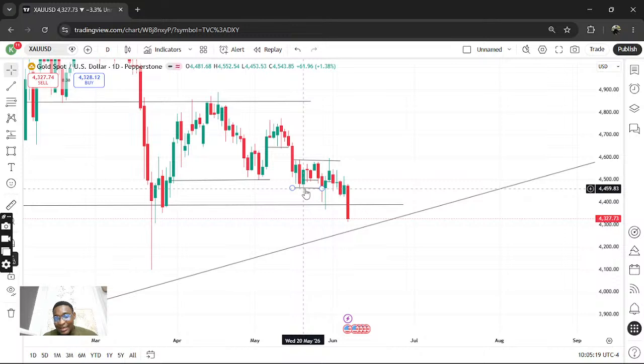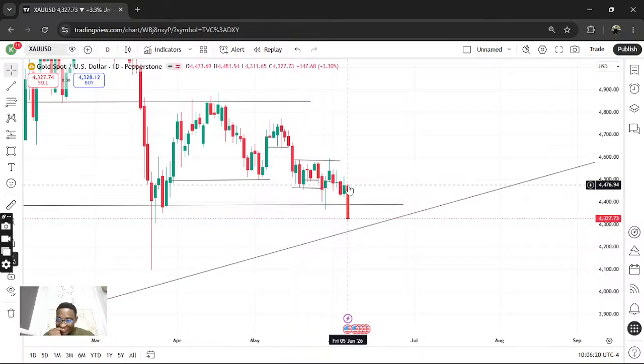Okay, you can see. Now, a lot of traders expected gold to be bullish this particular week that just finished. A lot of traders expected NFP to be bullish on gold.